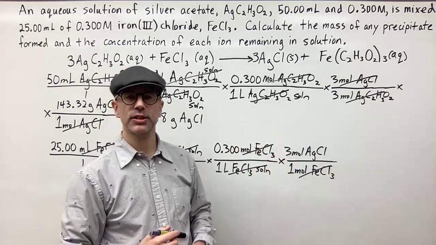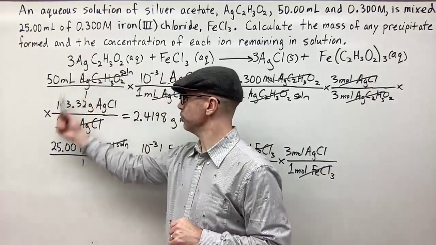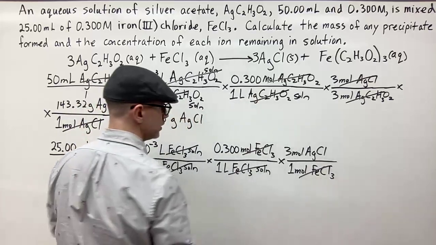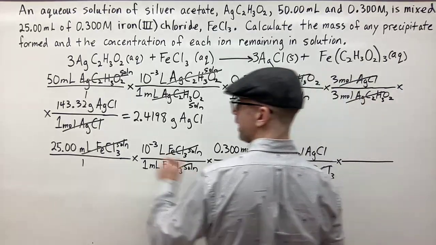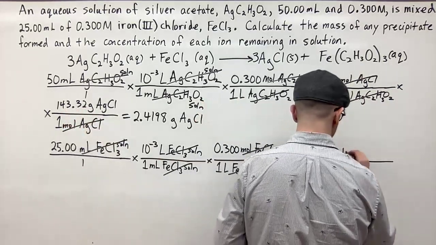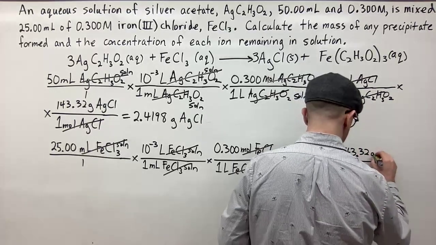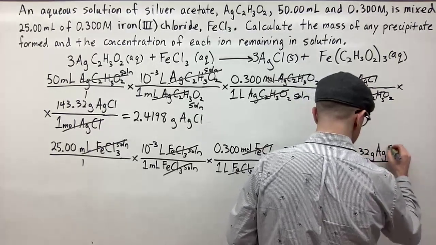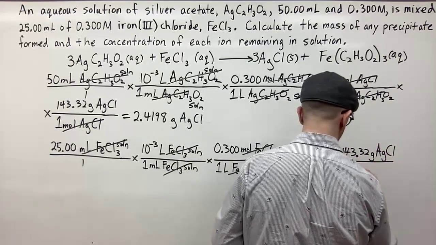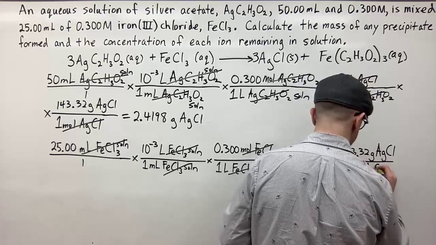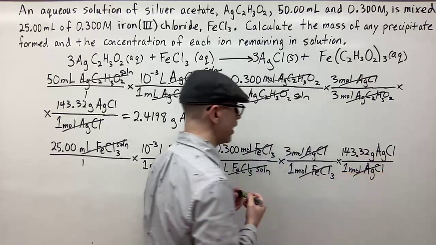And again, now I just need to use the molar mass to convert. So I'm going to use the molar mass here of silver chloride again to convert moles to grams. So again, I have 143.32 grams of AgCl on the top and 1 mole of AgCl on the bottom. So moles of AgCl cancel out. Now I have grams.